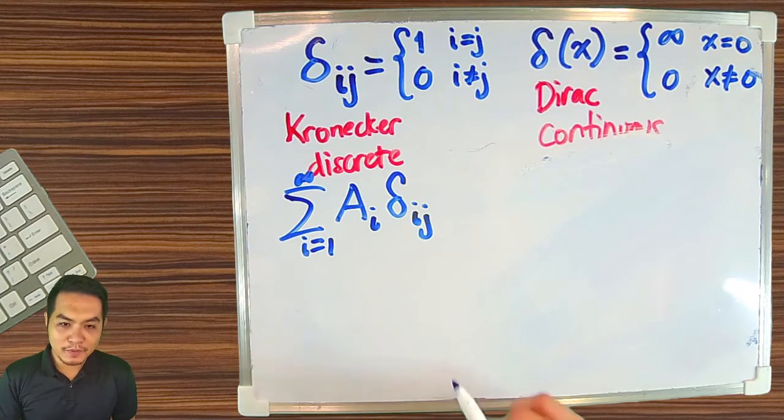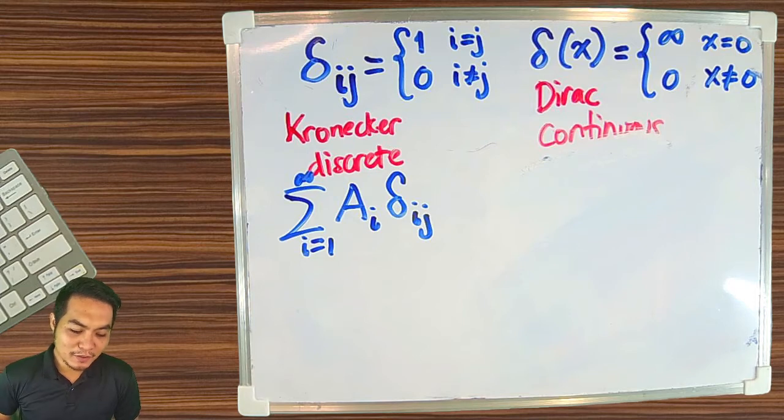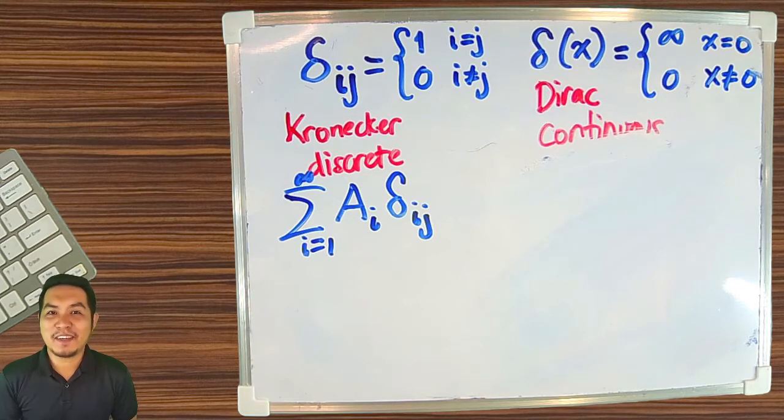If you encounter a summation like this with the Kronecker delta function, then you're in luck, because whenever there's a delta function in a summation or inside an integration, you don't need to sum or integrate anymore.